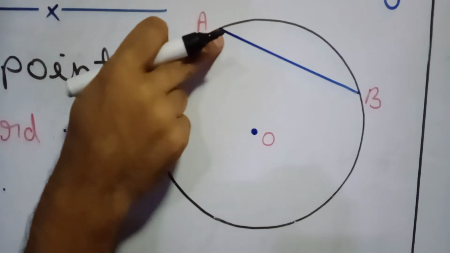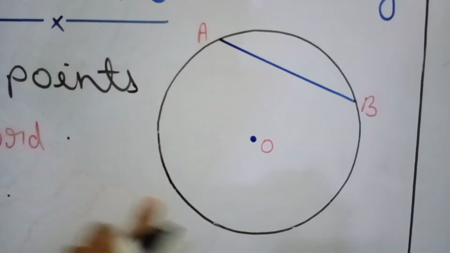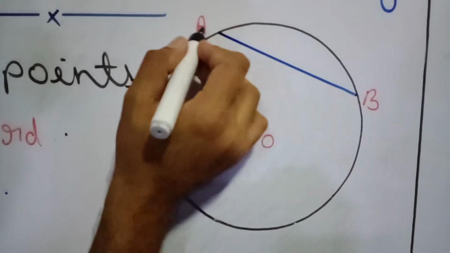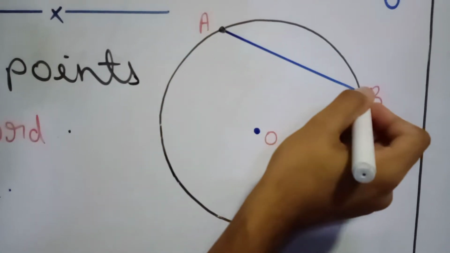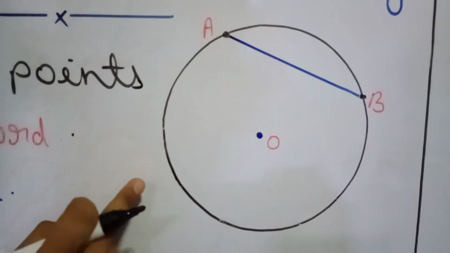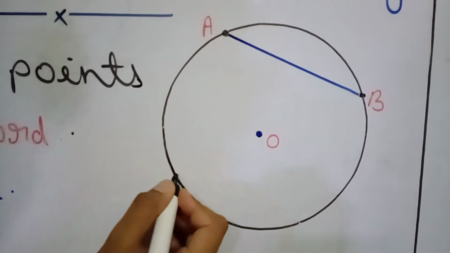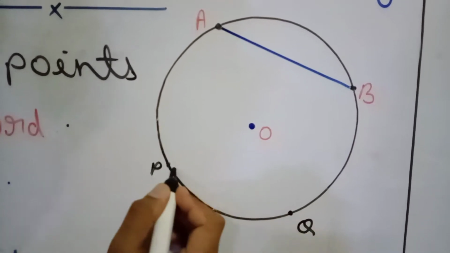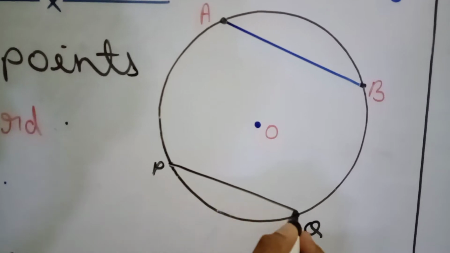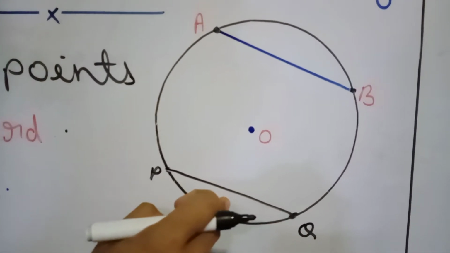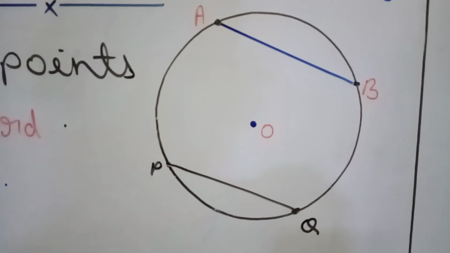The first point A lies here on the circle and B is here. This line segment joining these 2 points A and B on the circle is called a chord of the circle. If I have one point P here and one point Q here and a line segment which joins these 2 points on the circle, this is also called a chord of the circle.